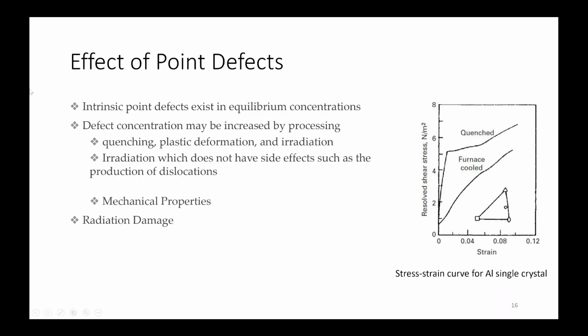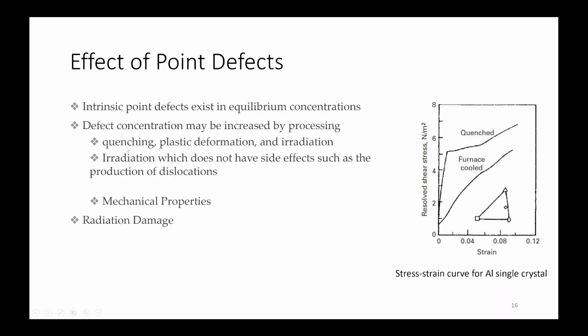Effect of point defects. Intrinsic point defects, for example vacancies, exist in equilibrium concentrations, and the defect concentration may be increased by processing. These are three techniques that are used for increasing the number of vacancies.